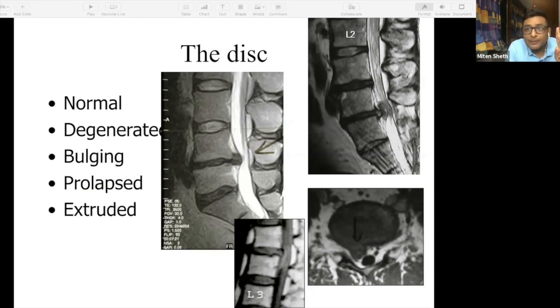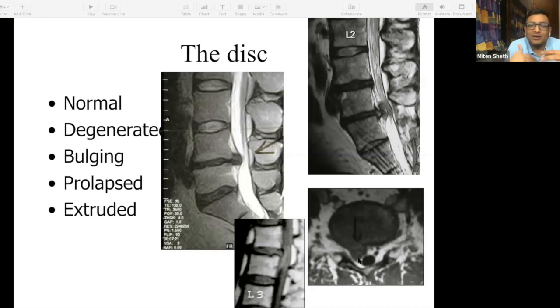Now, why is the leg pain? Is it because of the disc only? So here you want to see the axial cut. In the axial cut you will see that the disc has come out on the right side, which is pressing the right sided traversing nerve root. So I'm introducing new terms over here.